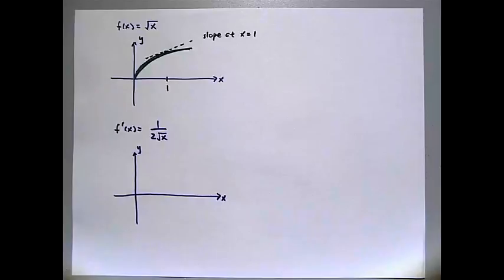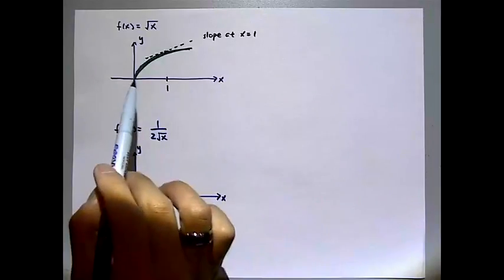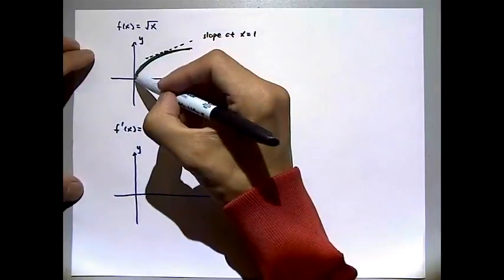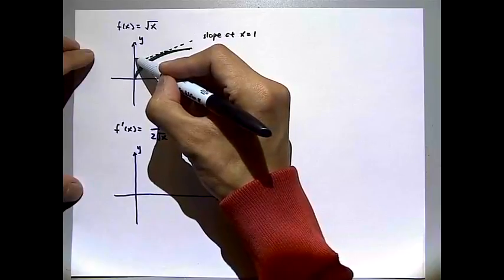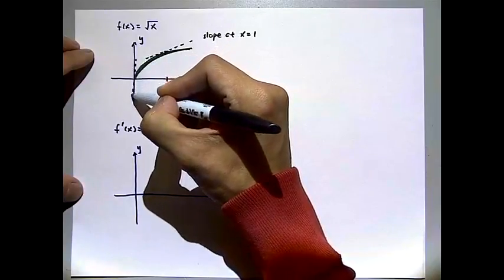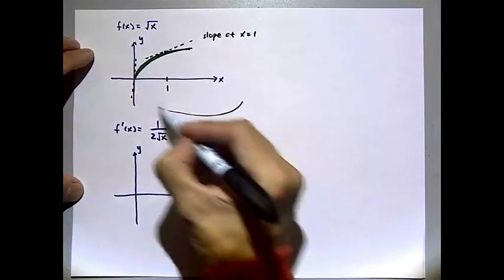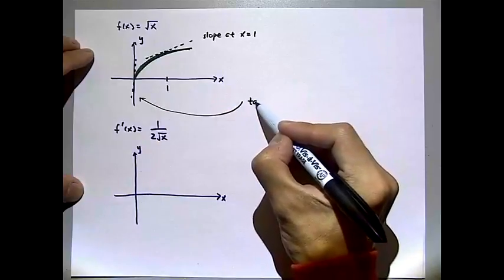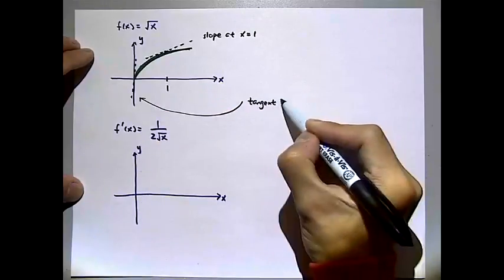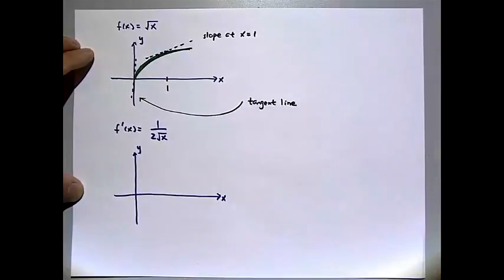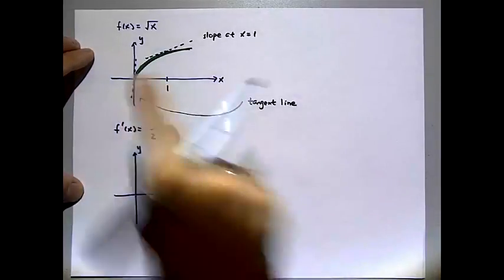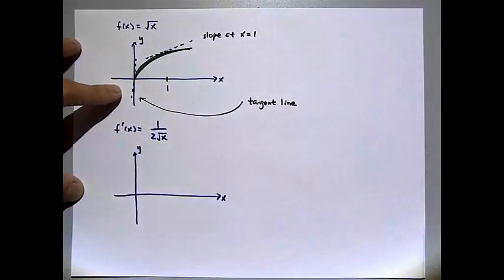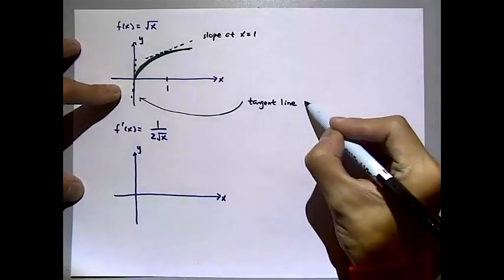Now notice what happens at 0 right here. When you go to 0, it becomes very, very steep. In fact, at 0 exactly, this thing is exactly vertical.